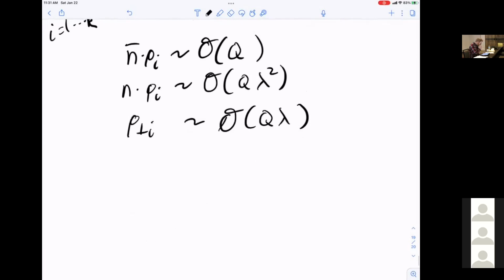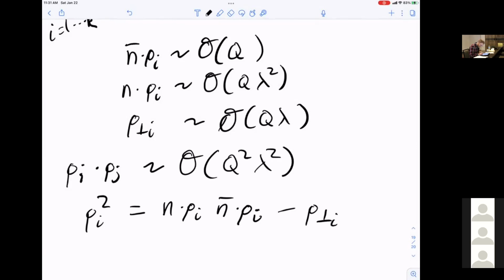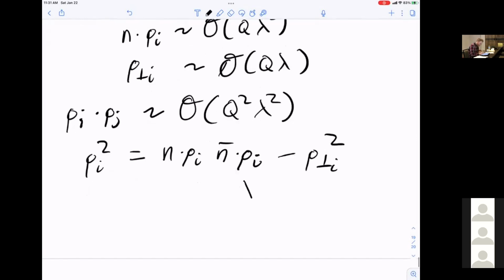What does that imply about that set of momenta? Well, any dot product between the two, you can easily convince yourself, is order Q squared lambda squared. In particular, both of these are order Q squared lambda squared.